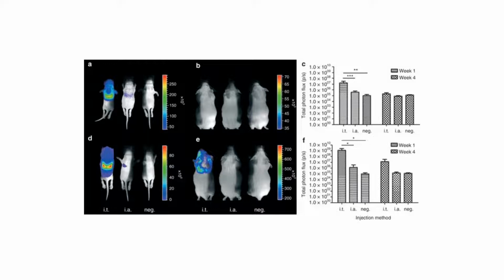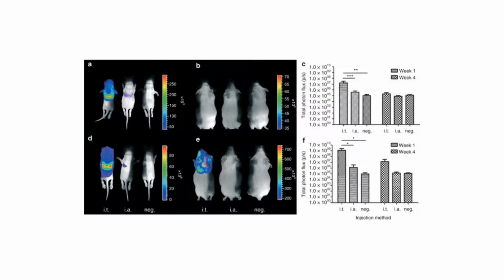Next is result showing. One data you will get in the form of the black figure shown on the left side, which just gives you an idea of where the signal is coming from. But while doing quantification, you need to represent this data in quantitative form by using total photon flux.